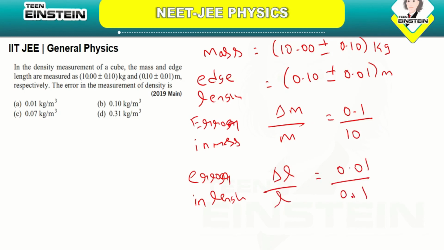The density of the cube is given by mass by volume, which is equal to mass by L cube, since volume is L cube.